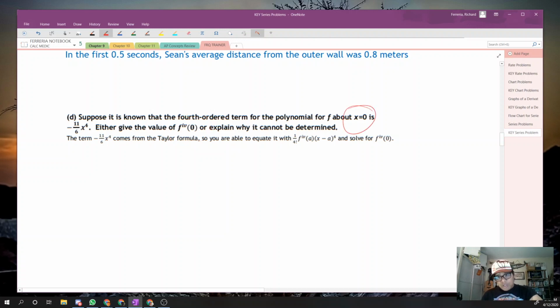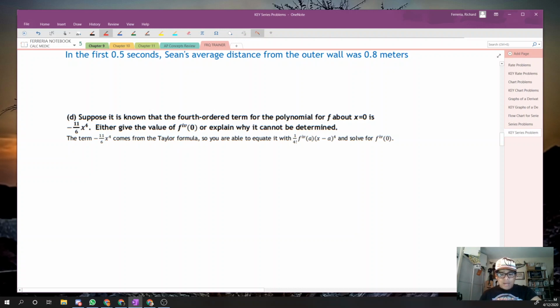Those two match, so you can figure out the value of the derivative. Now, if they didn't match, say this was 0 and this says, what is the fourth derivative at 0.1? Then we couldn't do anything about that. We don't have any information about derivatives other than the derivatives at the center of the polynomial, which in this case is 0. So since these two match, 0 and 0, we can figure this out.